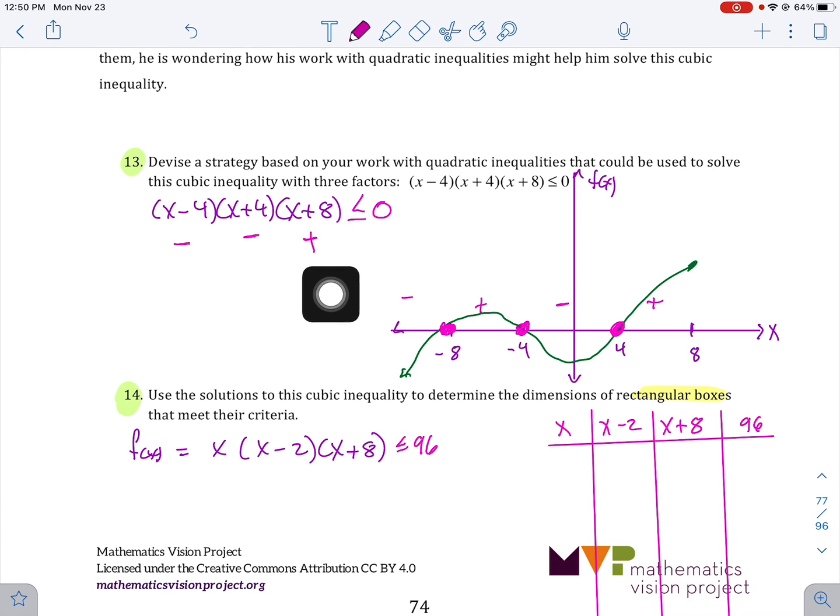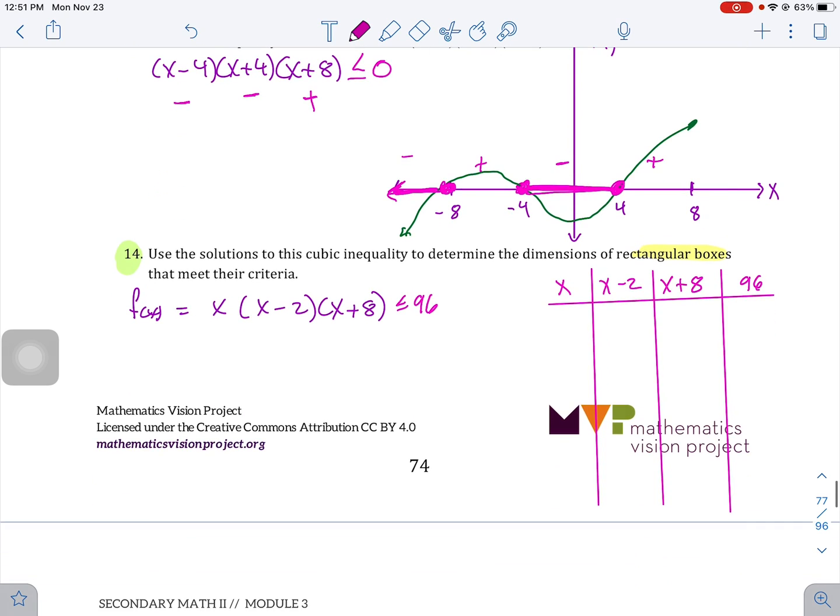And when you multiply those together, you get positive. Same thing here. If you try 0, you have negative, positive, positive. And you end up with negative. And the next one you have positive. So you can see the situation is if it's to the left of -8, or if it's between -4 and 4, it will be less than 0. The green represents the graph of a cubic, and it will be less than 0 below the x-axis.